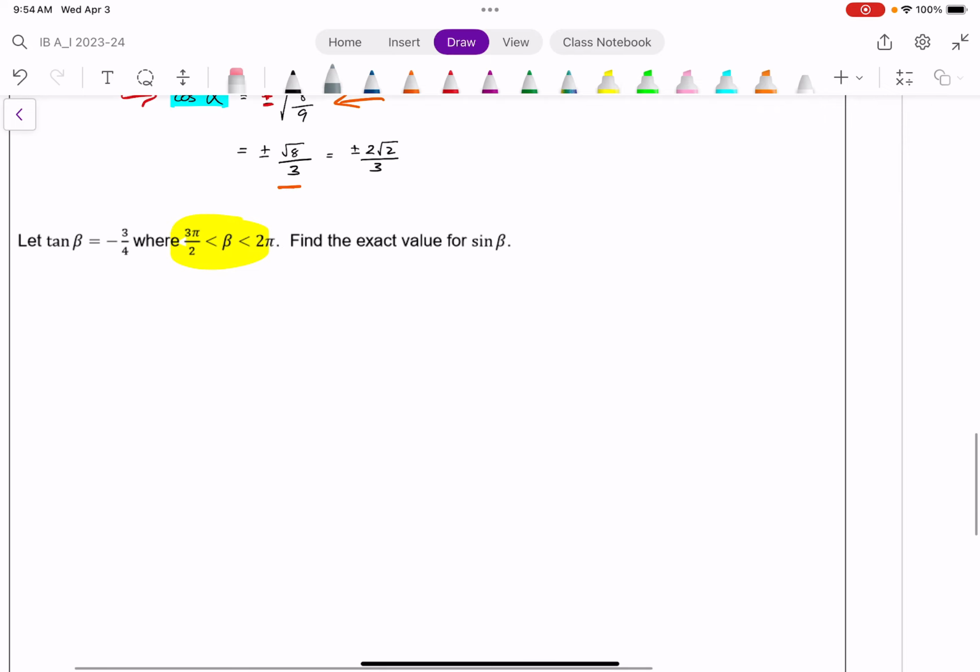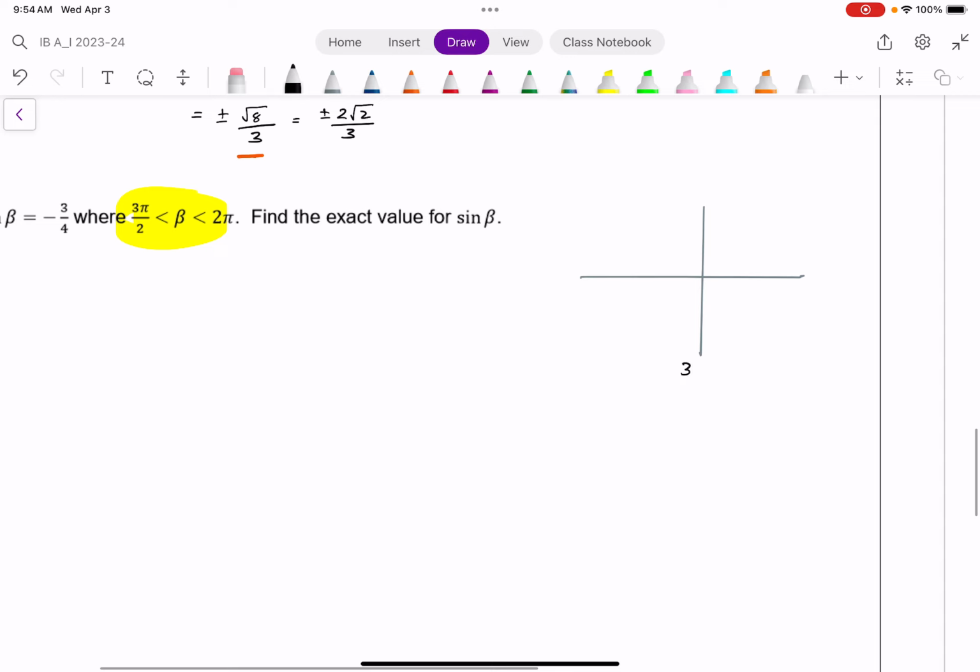So let's think about an angle in standard position and realize what that's describing. That's describing an angle between 3 pi over 2, which is right here, and 2 pi. So it's describing something in this quadrant right here. Whatever angle beta is, it's something in this quadrant. I'll just draw a terminal arm in this quadrant, something like that.